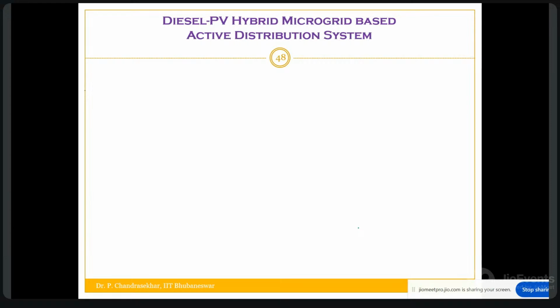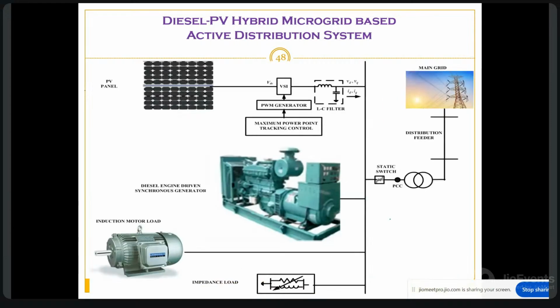So let us take a simple microgrid here. As you can see, we have a PV generator, and I wanted heterogeneous sources, not all static interfaces. So I have taken a renewable energy source with a static interface, that is a power electronic converter, and a diesel generator with a rotating machine interface, that is a synchronous machine.